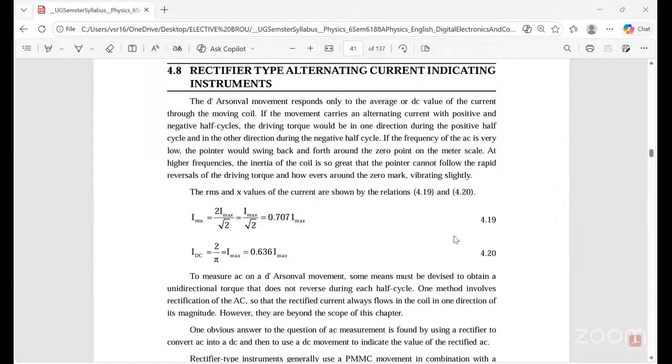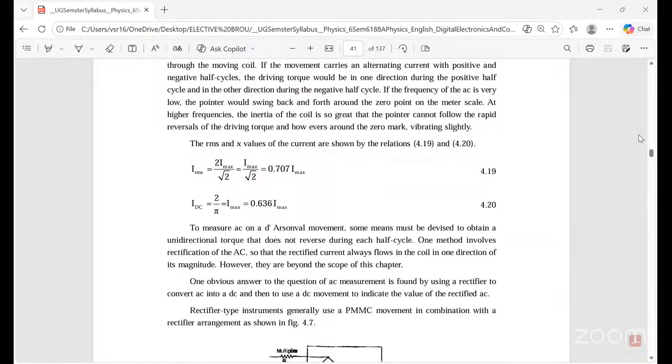So the RMS value of the current, I RMS equals I maximum by root 2, and the DC value is 2 by pi into I max. This is the case.